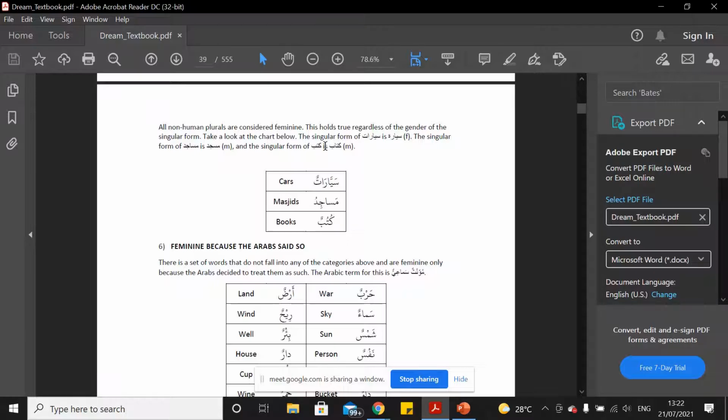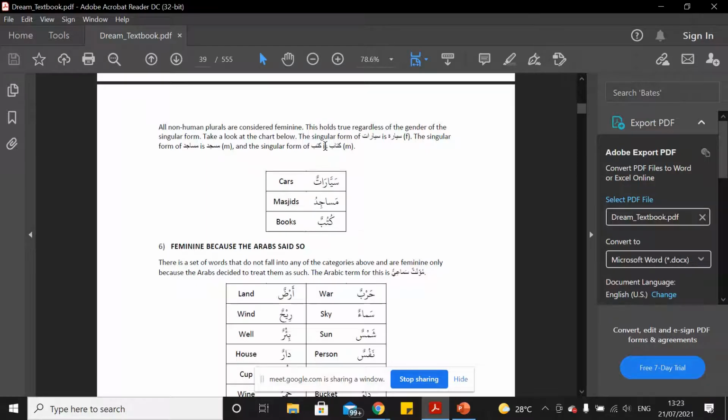Then we talked about the broken plural. This is one of the categories of broken plural. When we have a non-human plural, we will consider it as a singular feminine. So instead of saying "there are books," in Arabic you have to say "she is books."